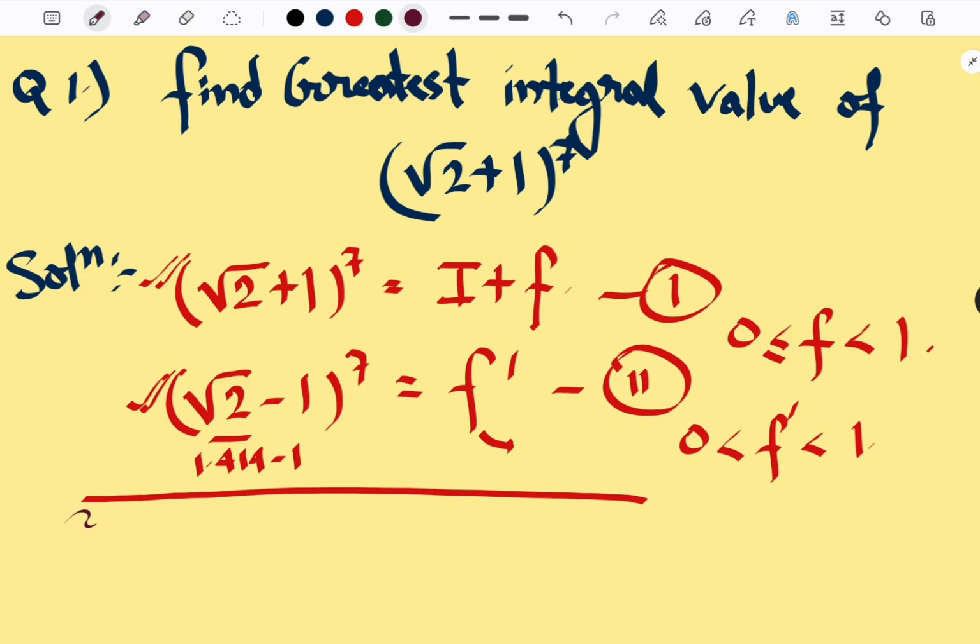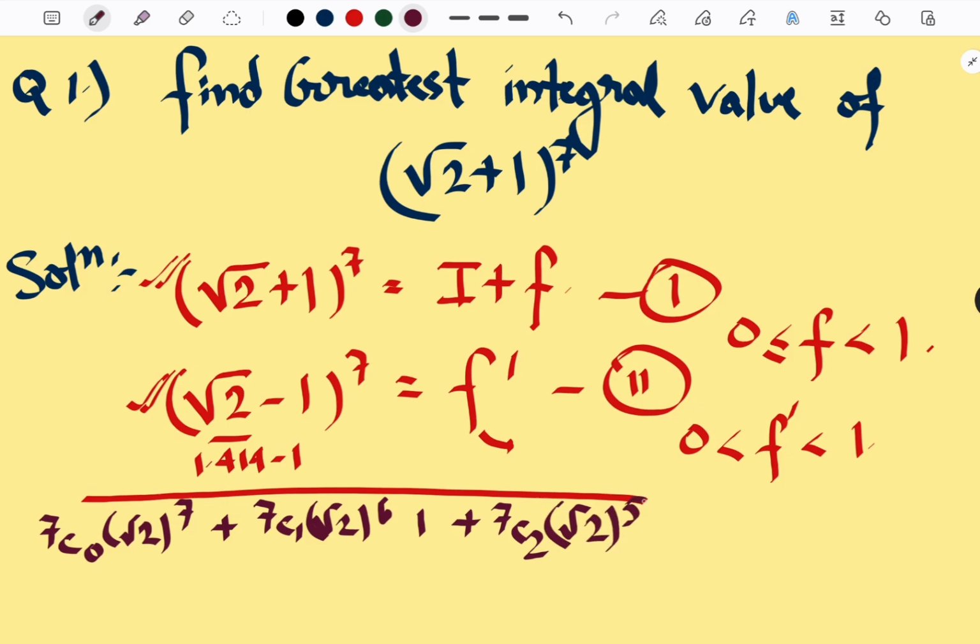We try to expand. Expanding the first one, it will be 7C0 (√2)^7 plus 7C1 (√2)^6 times 1, plus 7C2 (√2)^5 times 1 squared, and this goes on.